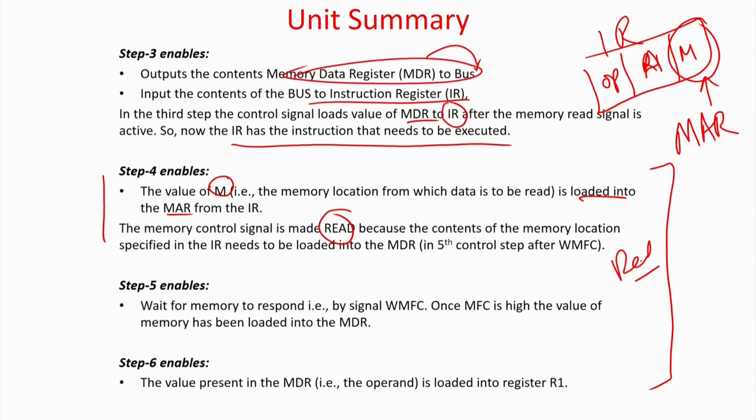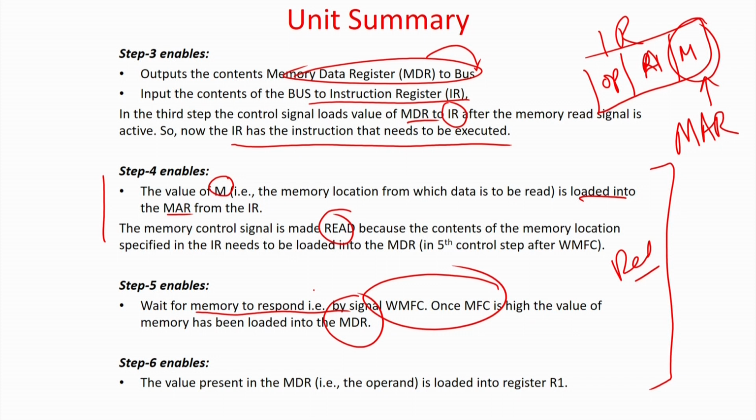Again you are in a read mode. In step 5 you have to wait till the memory says that I am ready, because in the first 1 to 3 stages you were reading the instruction. Steps 4, 5 and 6 are involved with reading the operand from the memory. So you wait for the memory to respond. Once the memory has responded, the operand which was stored in the memory location M is now loaded into the memory data register.